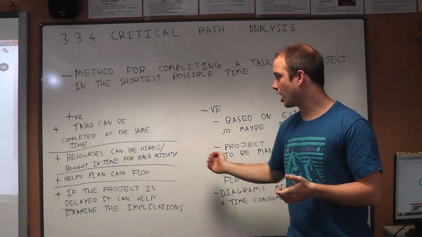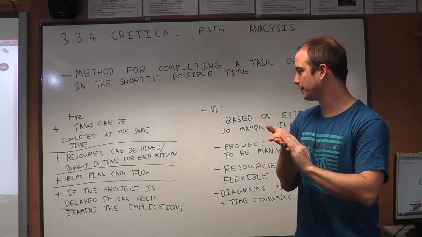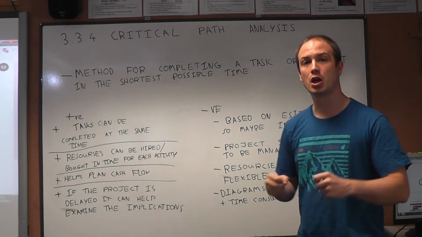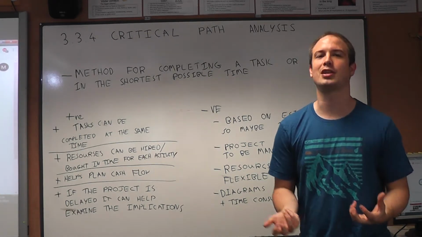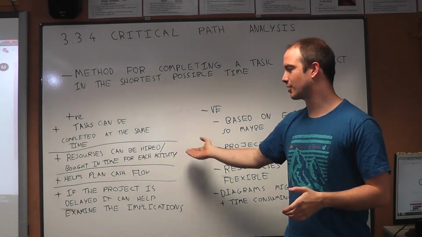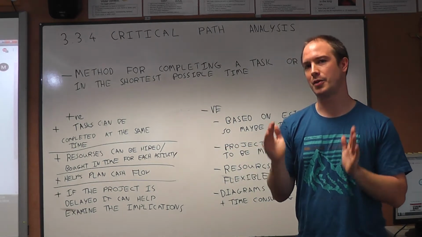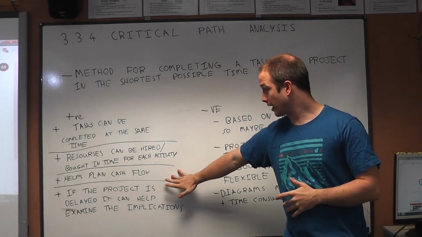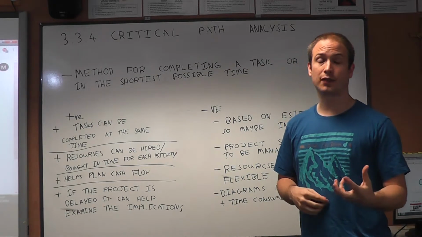Secondly, you can hire in staff at the right time for each activity. So, like with the previous one, you haven't got staff waiting around, sitting there with their arms crossed, waiting for the next task. You only need to hire them at the right possible time. Furthermore, thinking on from that, it also helps with cash flow.